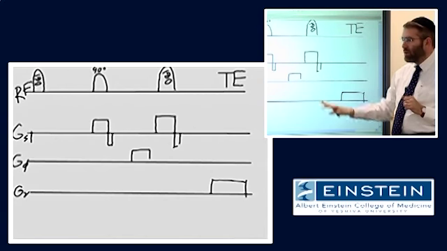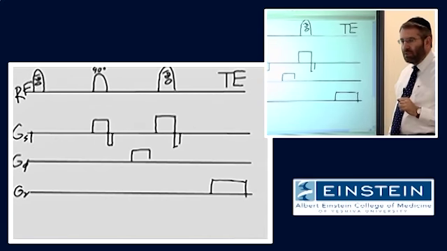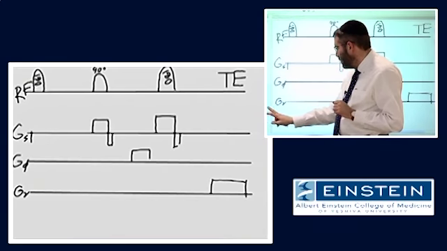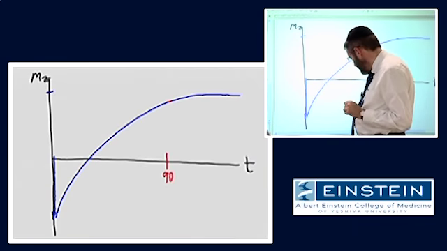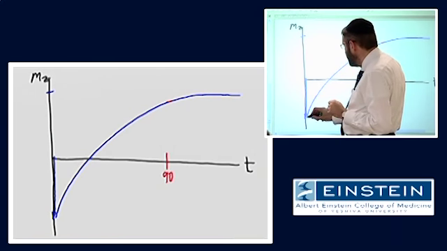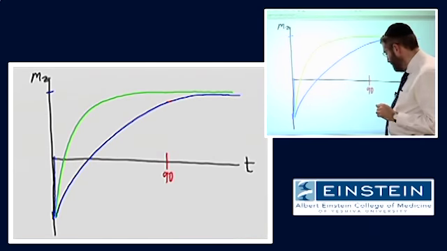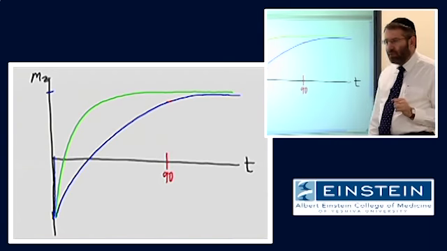So this approach, whatever it might do for us, it's always going to be a lower signal to noise measurement. So why would we do this? Well, let's make up an example where we have two different tissues.